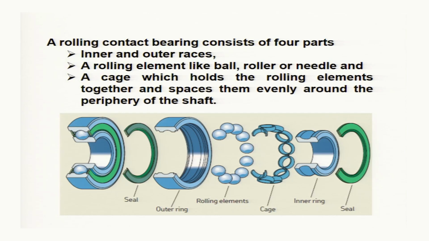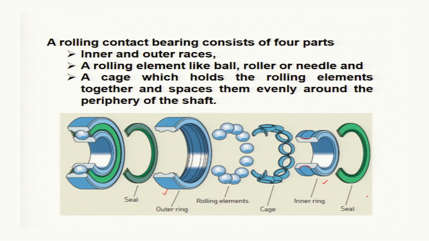Now, a rolling contact bearing consists of 4 parts: inner and outer races. In a disassembled form, they are shown here. This is the inner race, this is the outer race. In the inner race, you may see the circular slot is there, this circular slot, to give space for the balls.